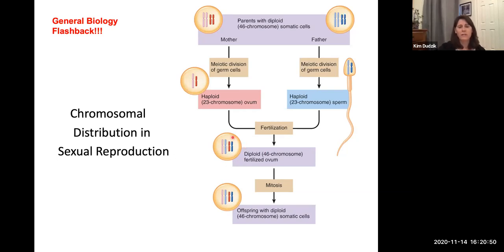And now you have a diploid zygote, right? This is a fertilized ovum. And then mitosis will occur to produce the multicellular embryo and later on fetus, creating all the organs and everything and producing the people that we are, right?